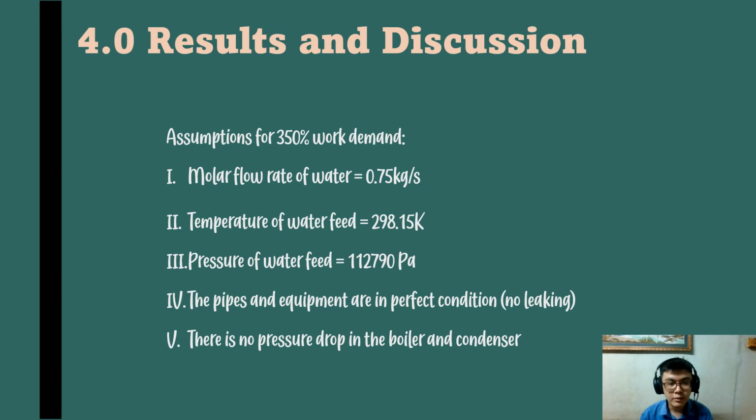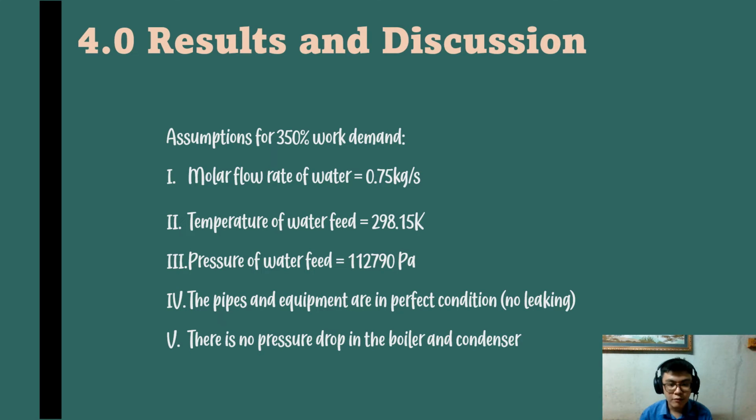Moving on to the result and discussion, we decided to use the same design as the normal operation. We only modify the parameters of the water feed. So basically, we can see that the assumptions for 315% work demand are: the mass flow rate of water equals 0.75 kilogram per second.